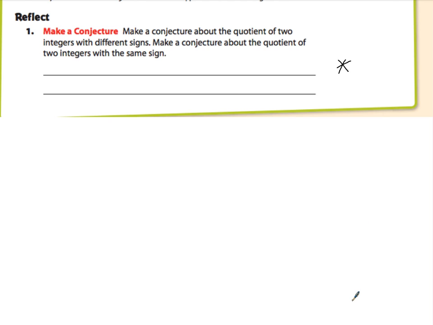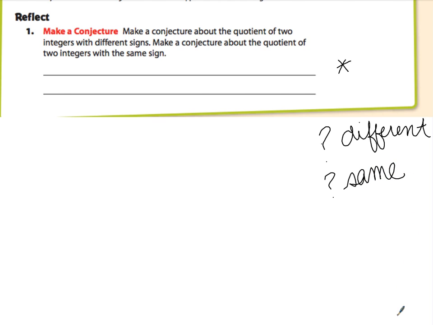So you need to make your guess and tell me, what do you think you're going to get when the signs are different? And what do you think your answer is going to be when your signs are the same? All right?